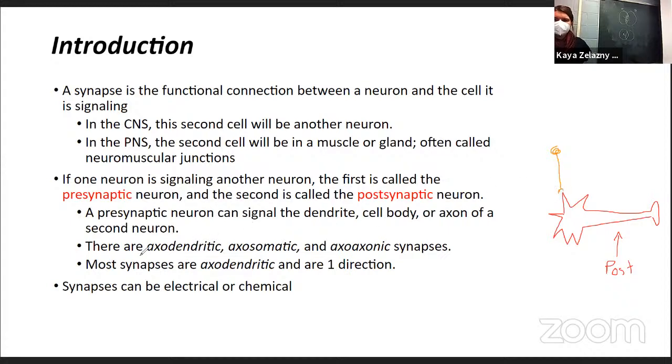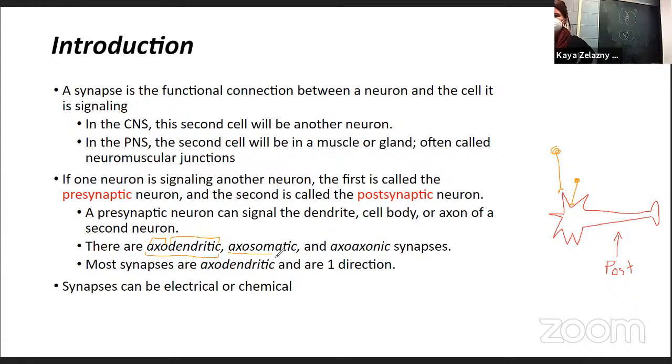That would be an axodendritic synapse. All these terms are talking about is what part of the postsynaptic cell we're connecting to. So this is connecting the axon of the presynaptic to the dendrite of the postsynaptic, which means that an axosomatic synapse would be if we're signaling directly to the cell body. So here would be an axosomatic connection.